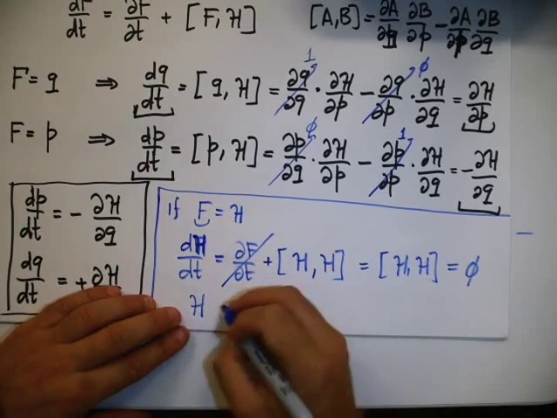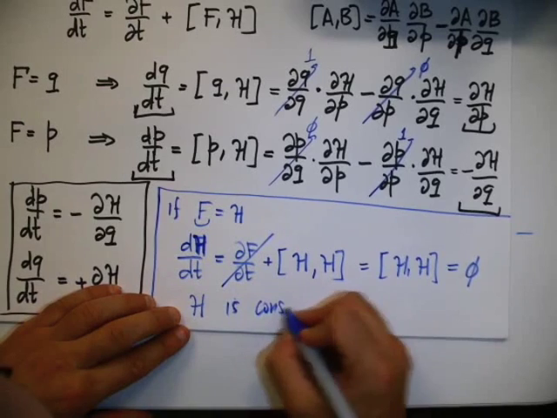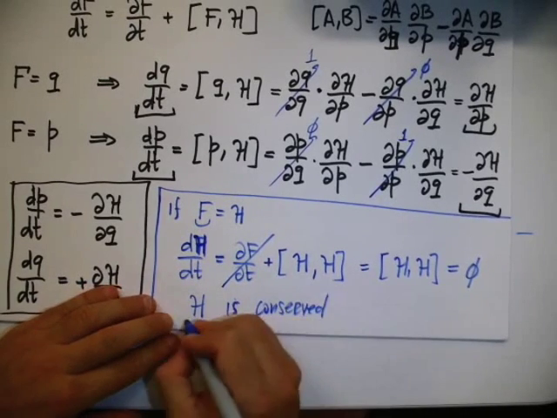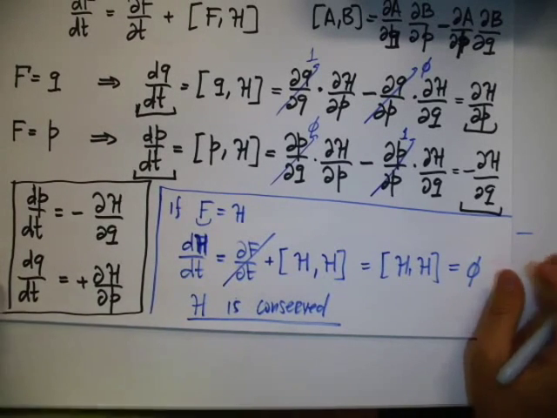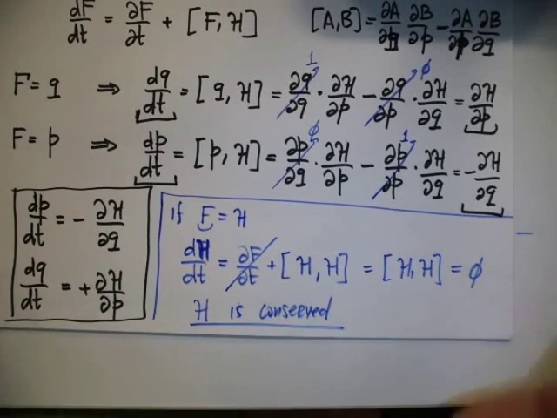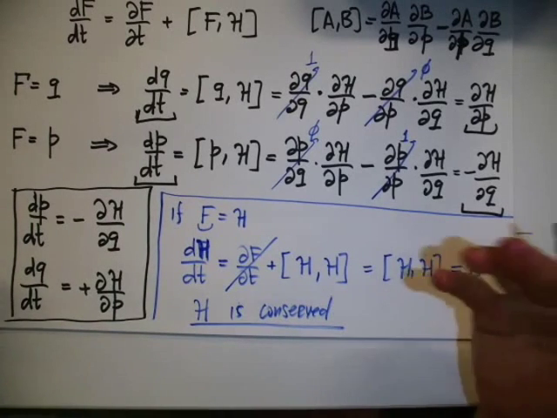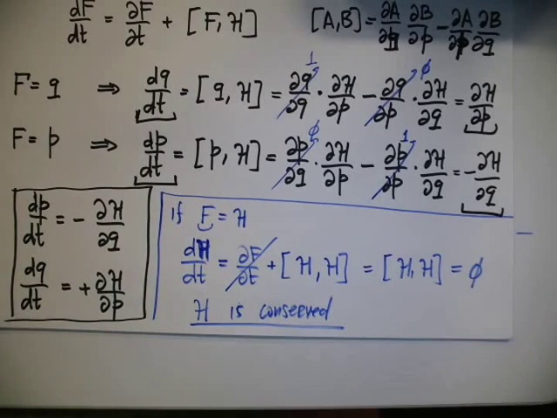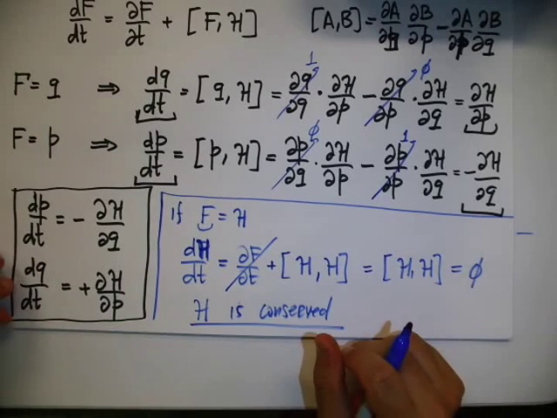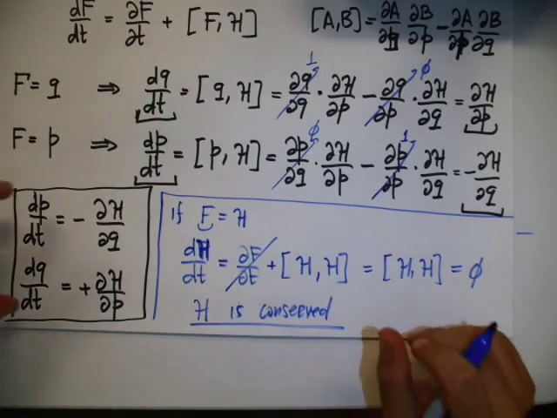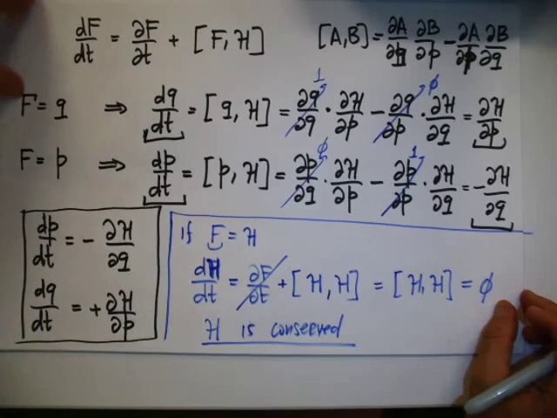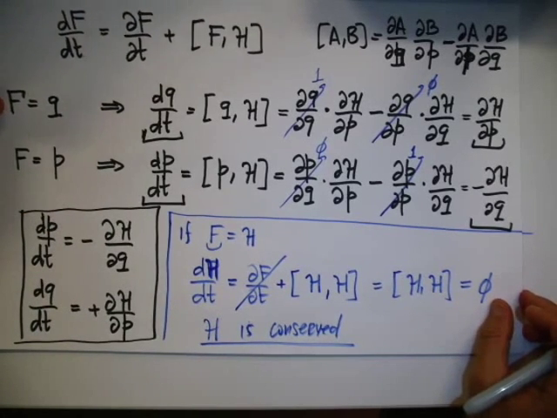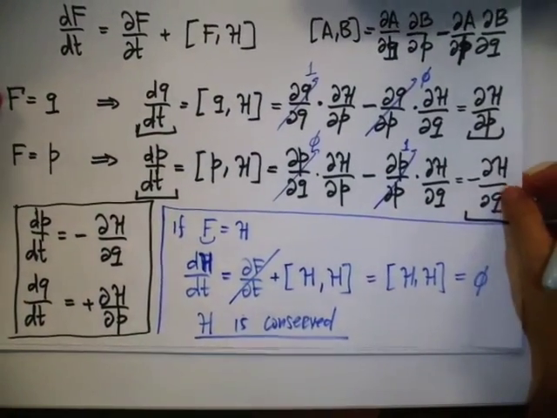So H is conserved. That is the main property of a Hamiltonian system. If you have a Hamiltonian system, you have a Hamiltonian, and this Hamiltonian will be automatically conserved by the flow. These dynamical equations now can be interpreted as a flow in the time domain.